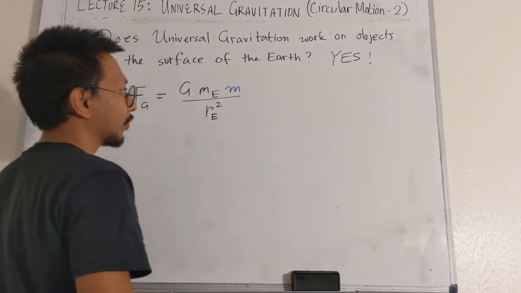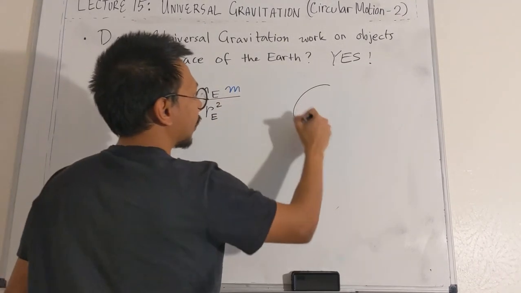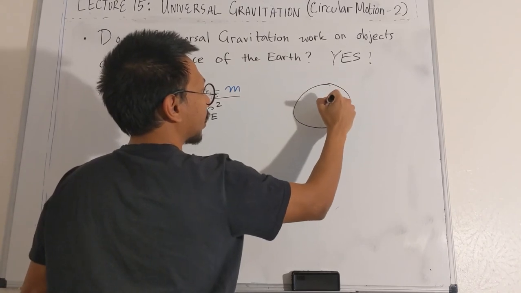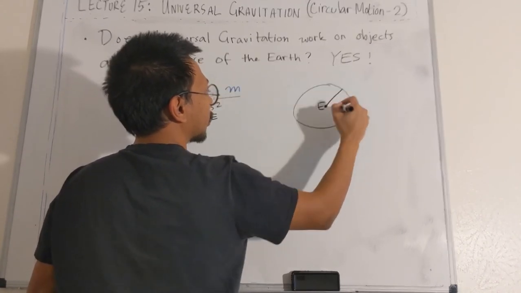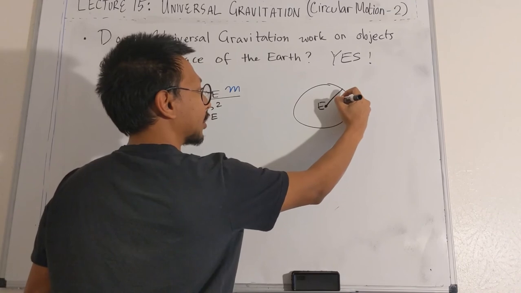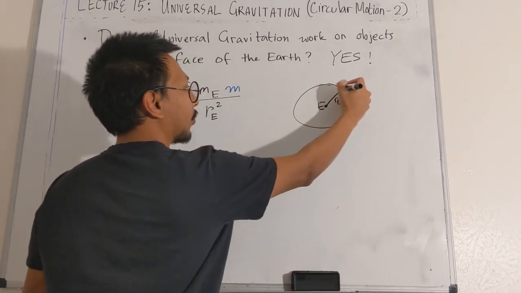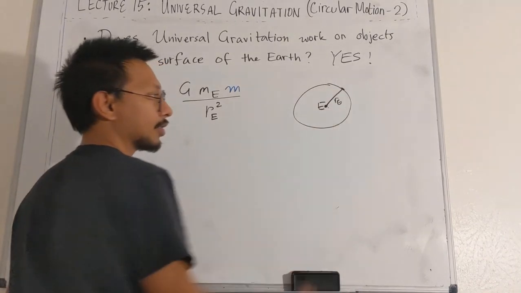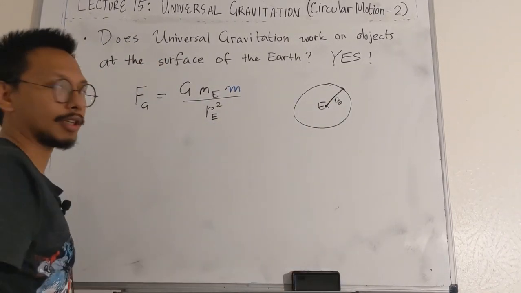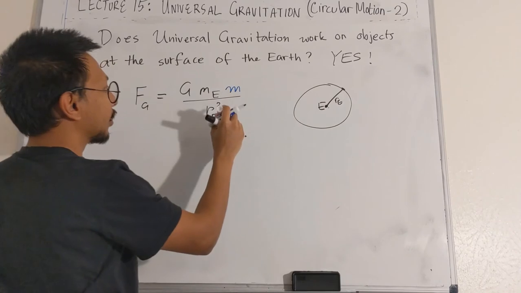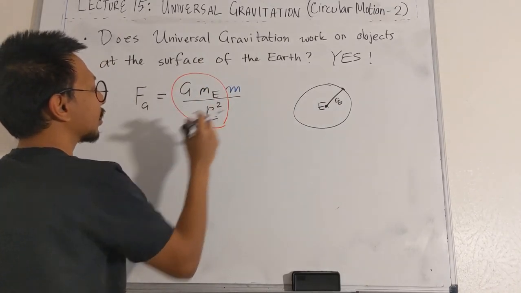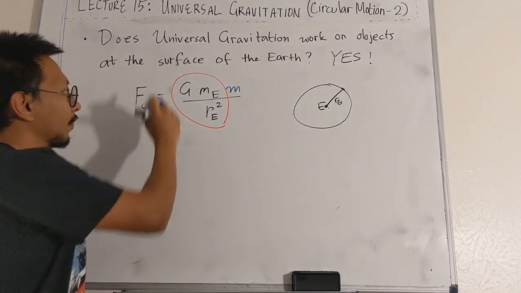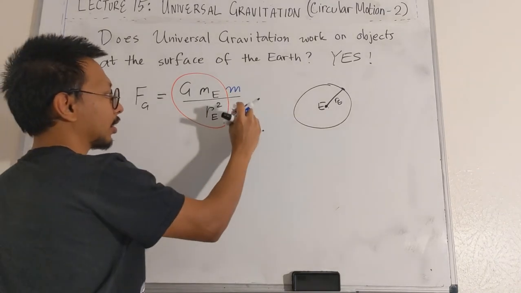Why is it the radius of the Earth? Well, if this is Earth, from the center to the surface, the distance is the radius of the Earth, and we are considering an object at the surface. So the center to center distance is just the radius of the Earth in this case, right? Anywhere on the Earth, this part of the expression is the same.